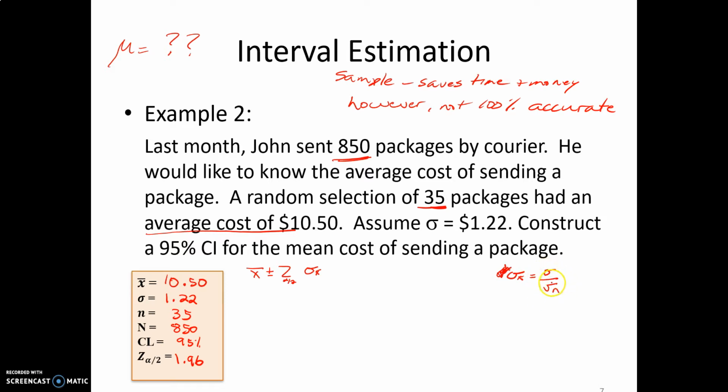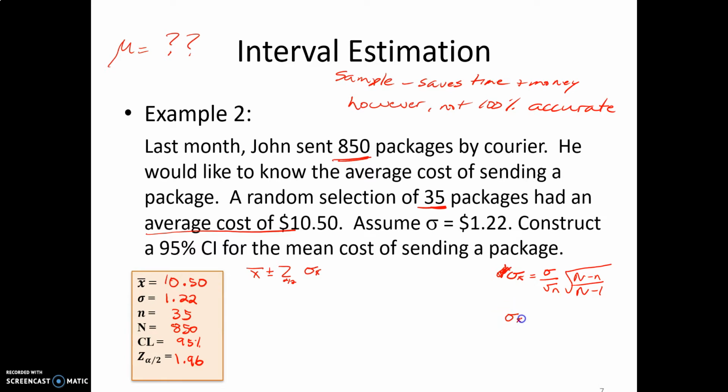This is what we used previously. However, because we know the population size, we have to make an adjustment. This is the finite correction factor adjustment that we have to make. So we're going to do this one calculation separately.